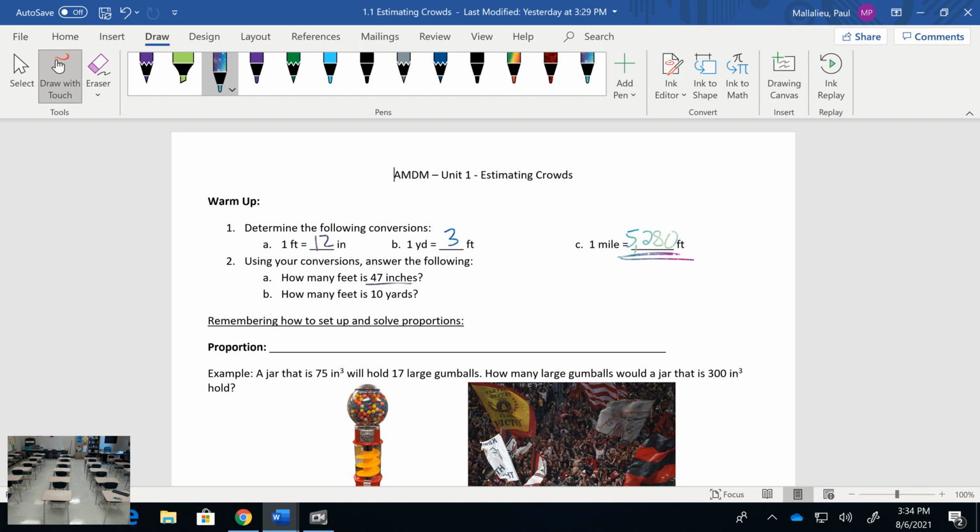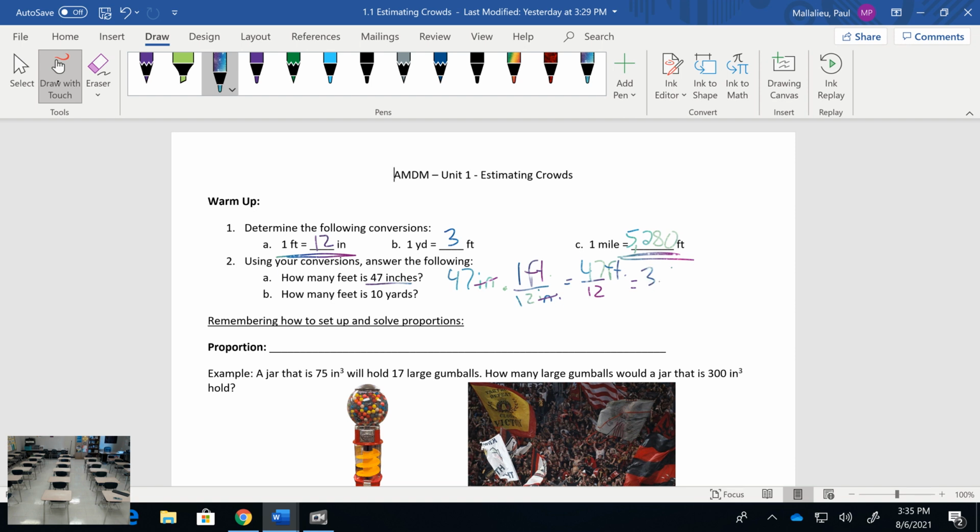We have 47 inches. We want to know how many feet that is. So let's start with what we have. We have 47 inches. And then using our conversion, we know that 1 foot is 12 inches. That allows us to cancel out the inches. And then we have 47 feet divided by 12. If you did 47 divided by 12, you can do that in the calculator if you'd like, no worries.